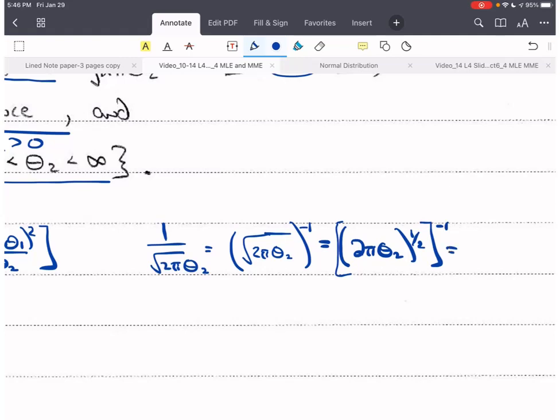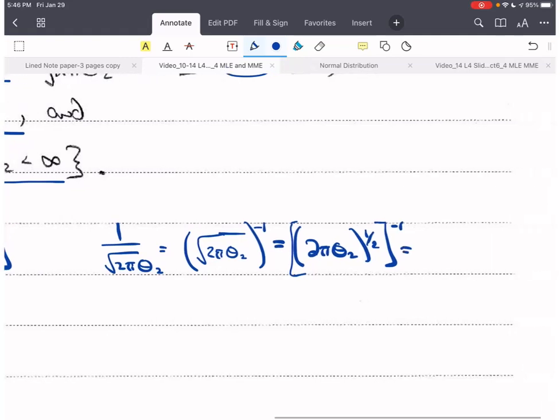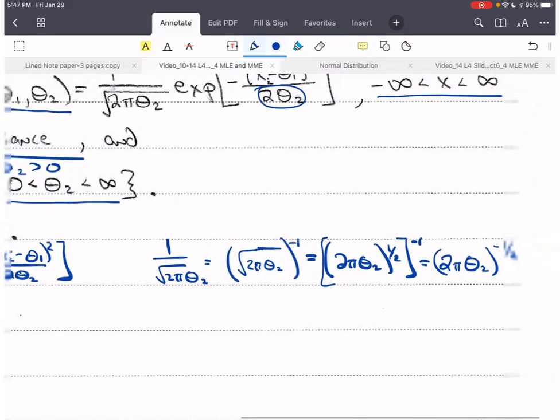I'm doing this in great detail, but just to help you out. Remember, the square root is a 1/2 power. So then I multiply exponents, and that's 2 pi theta 2 to the negative 1/2. All right? So that's how I like to write this in exponents.